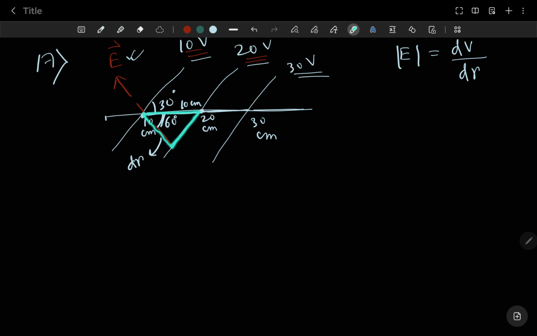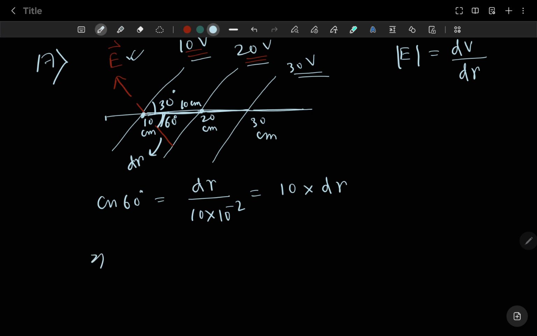From here we can tell cos 60 will be dr by the hypotenuse, that is 10 centimeter. 10 centimeter means 10 into 10 to the power minus 2 meters.